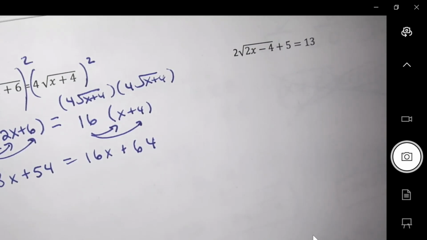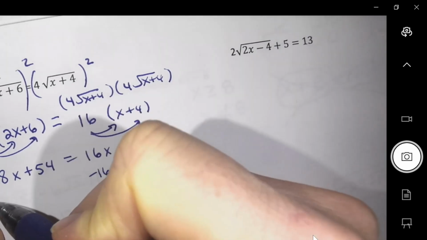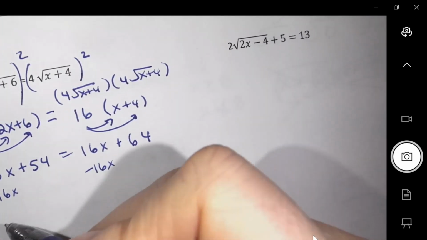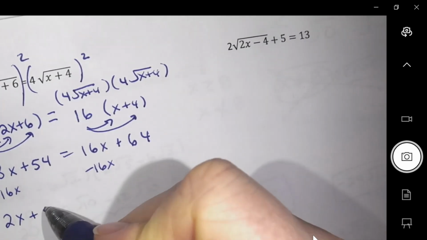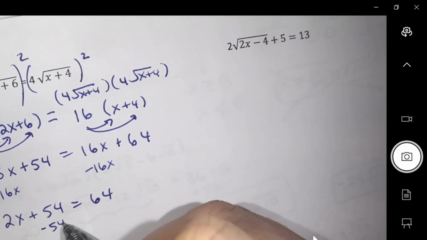In algebra, how many variables do we have? We have one variable, so we're going to isolate it. So we're going to group the x's together. So minus 16x is what I picked. Minus 54, right?